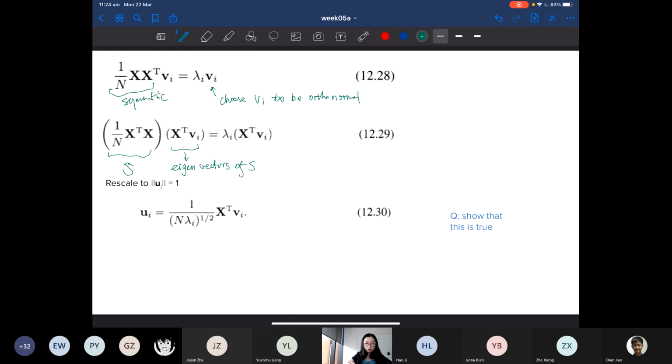So we call these U's. Let's say these are Ui primes that are valid eigenvectors, but they're not normalized in the sense that the length is not necessarily 1. In order to rescale this back to 1, we take the direction, and we claim that the scale is 1 over the square root of n times lambda.